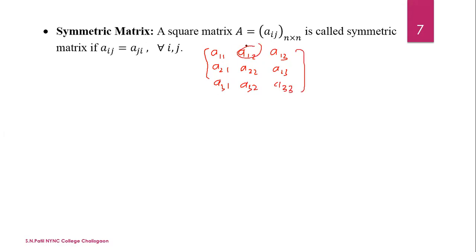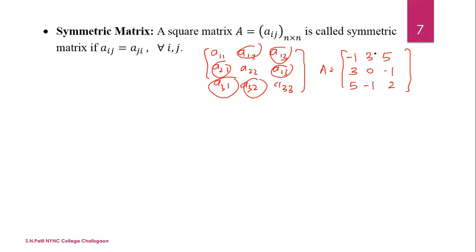When these elements are the same, then the matrix is a symmetric matrix. For example, A is equal to minus 1 2 5, 2 3 0, 5 0 minus 1. Now here 5, 0, and 2 are mirrored.